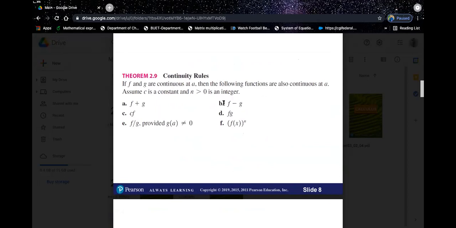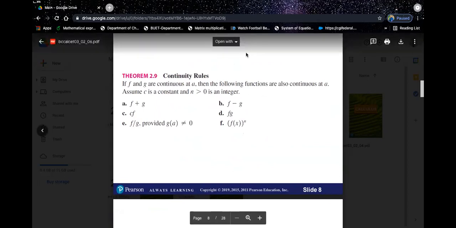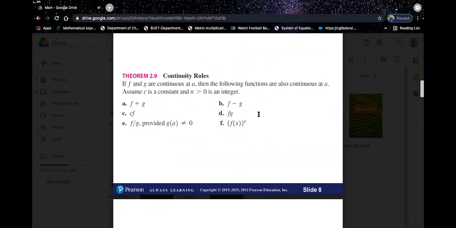Same goes for the subtraction as well. If you subtract a function from the other, that will still be continuous at that given point. Remember, for f minus g or f plus g to be continuous, both f and g need to be continuous in the first place.